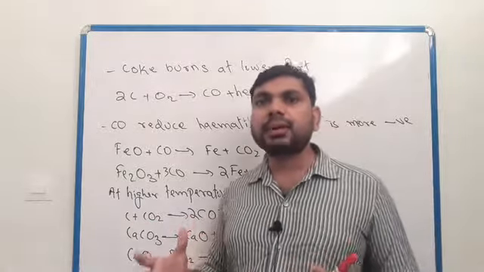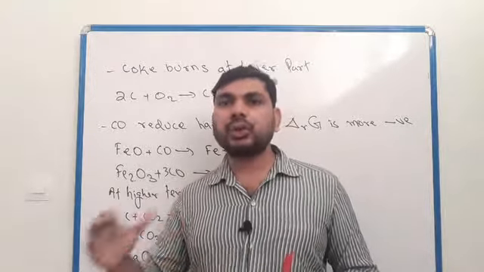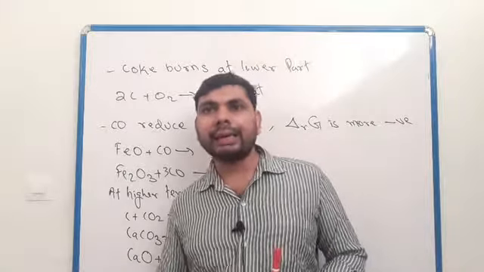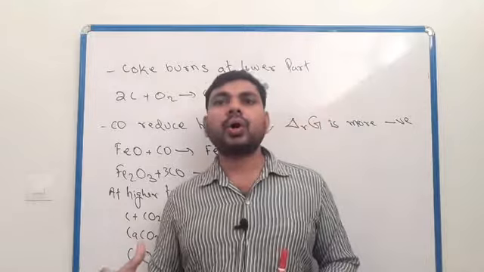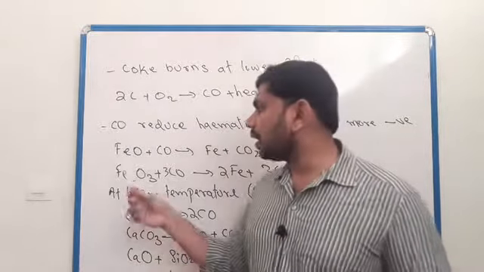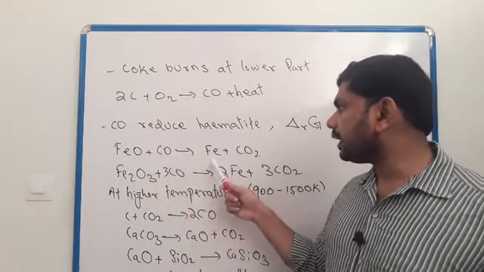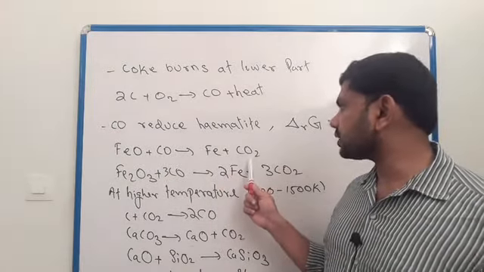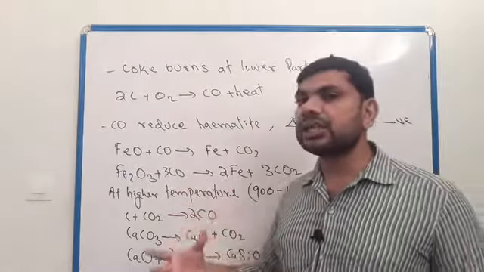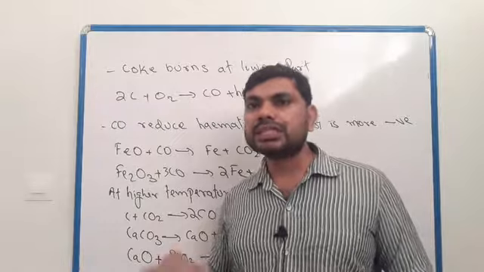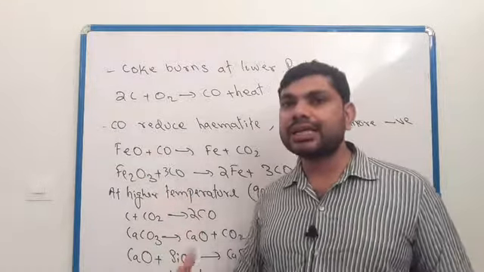This carbon monoxide helps to reduce iron oxide to iron. We discussed in the Ellingham diagram, carbon monoxide reduces iron oxide to iron. Look here, carbon monoxide reacted with iron oxide changes to iron and carbon dioxide. Delta G for this chemical reaction is most negative, and this is the most spontaneous chemical reaction.